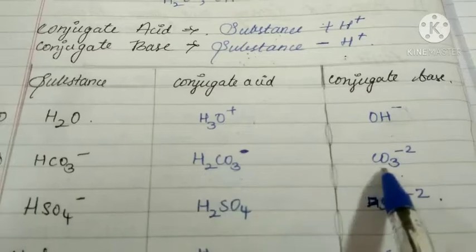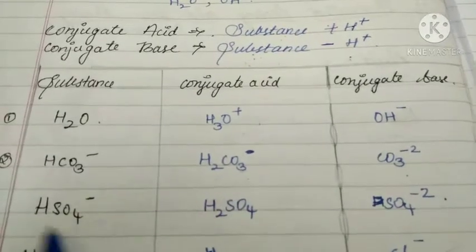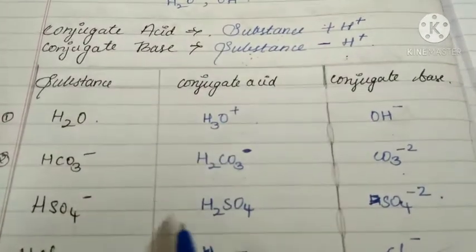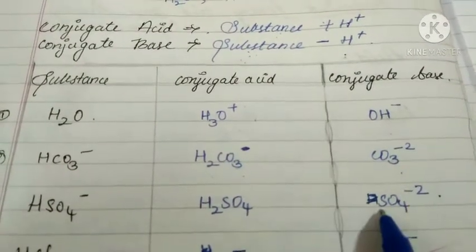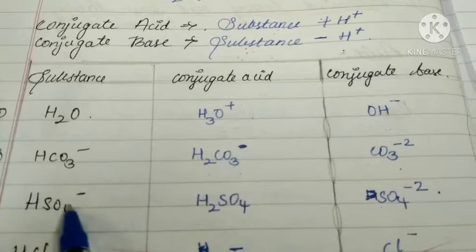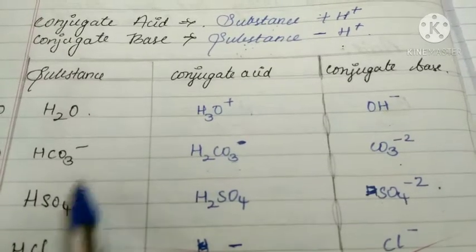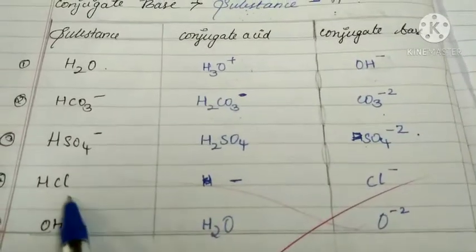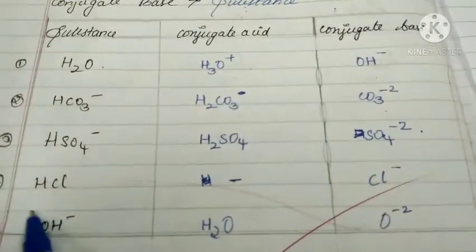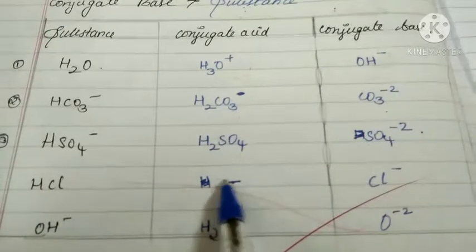I hope you understand. In case of HSO4 minus, what is the conjugate acid? We have to add one H plus, then HSO4 minus becomes H2SO4. Then what about the conjugate base? We have to remove one H plus, then the negative charge increases, like in the above case. Then HSO4 minus becomes SO4 2 minus. Next, in case of HCl, what is the conjugate acid? We cannot add H plus, so there is no conjugate acid.